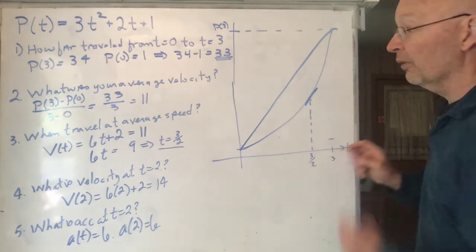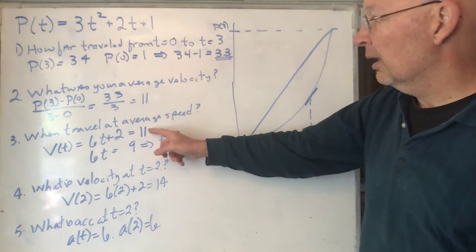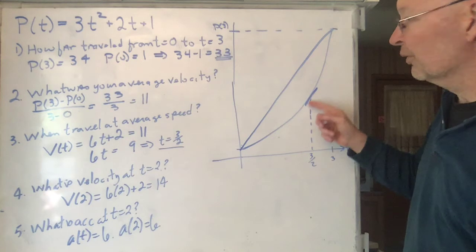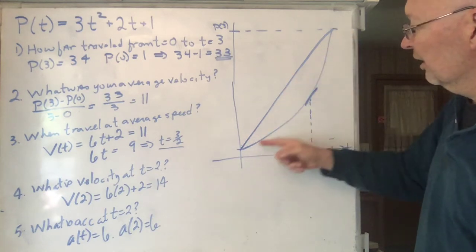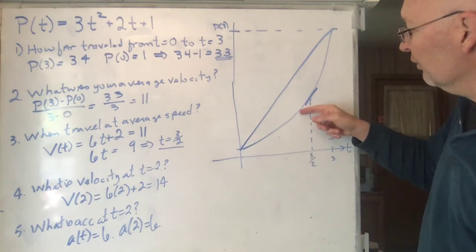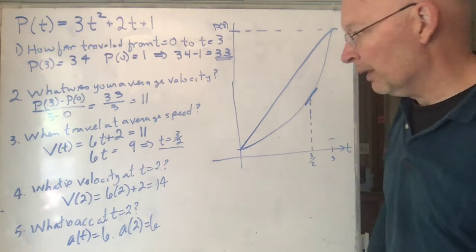That's the spot where the instantaneous slope is equal to 11. That's the one time when you're going the average speed. Otherwise, you're going slower than the average speed here, and a little bit faster than the average speed here.